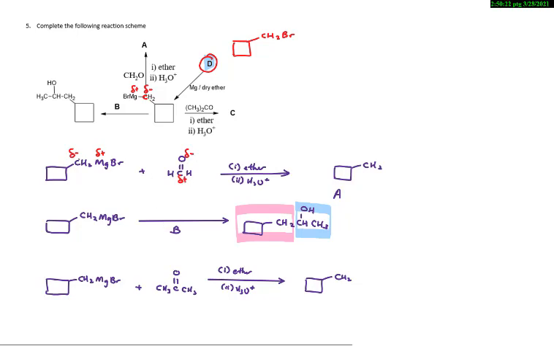So a new carbon-carbon bond will form between these two carbons. Our first step is the reaction between these two reactants in ether solvent, followed by a hydrolysis process to give us a primary alcohol. Remember, Grignard reagent with methanal produces a primary alcohol.